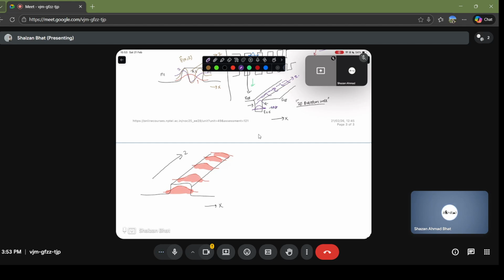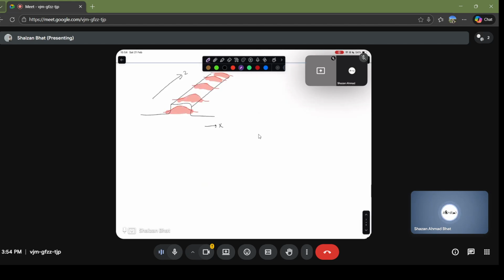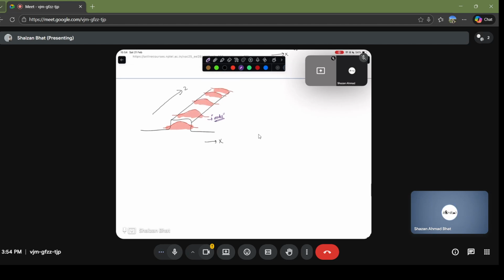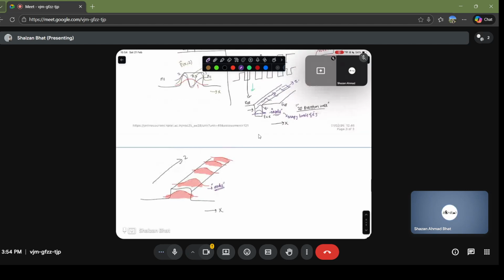These are modes for the electrons, representing the energy levels of the electrons. Similarly, these are like the modes of the Maxwell's equation. These are the solutions of the Maxwell equation, which propagate inside this particular structure.